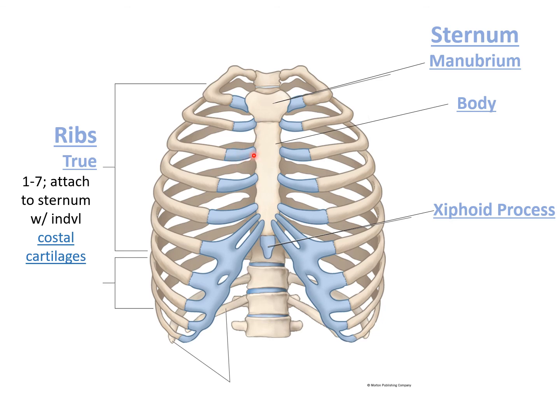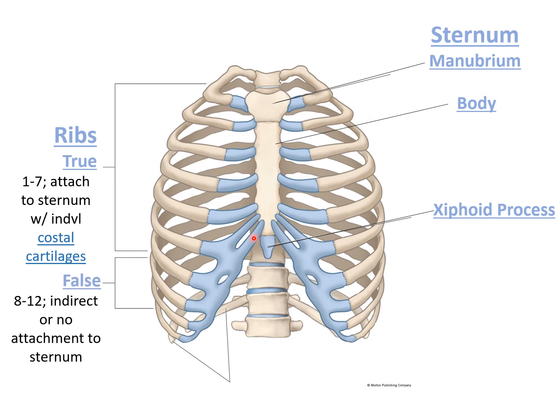This particular joint has a relatively long cartilage so that whenever you breathe, your chest kind of changes shape a little bit. There's a lot of flexibility and a lot of room for expansion of your thoracic cavity with these relatively long cartilages. Okay, so 1, 2, 3, 4, 5, 6, and 7 all have their own costal cartilage to attach to the sternum.